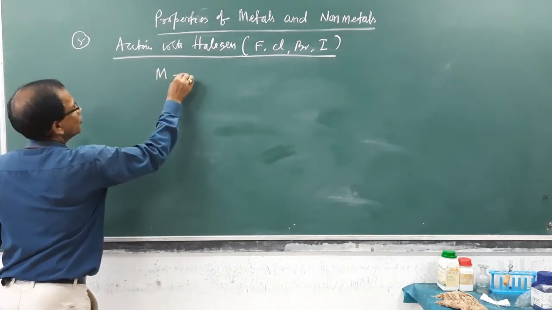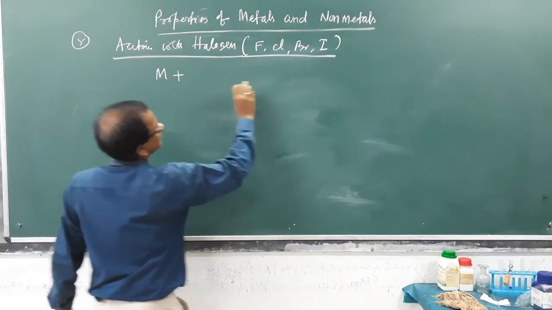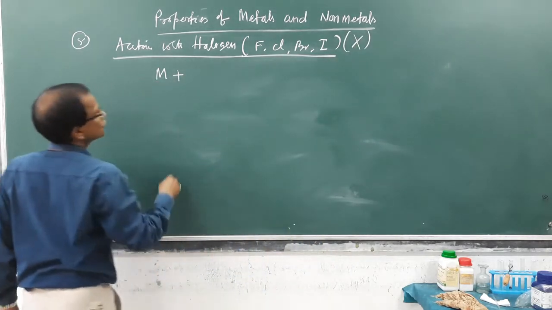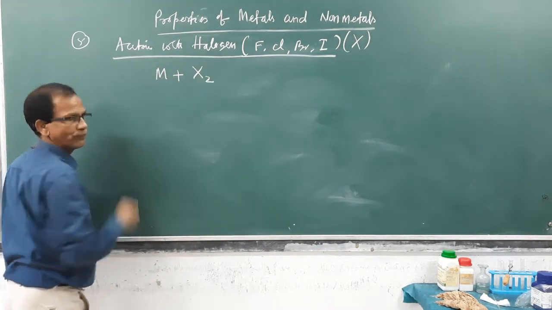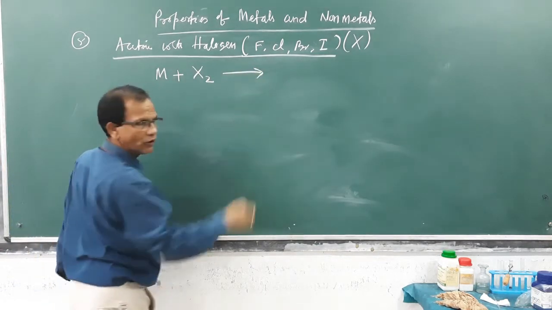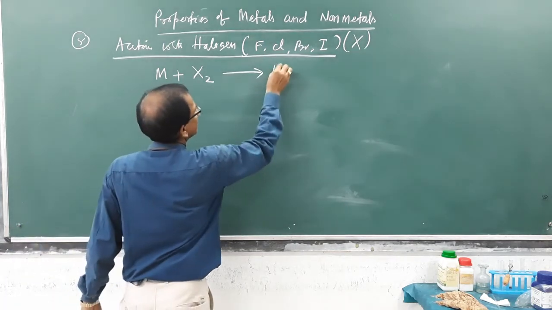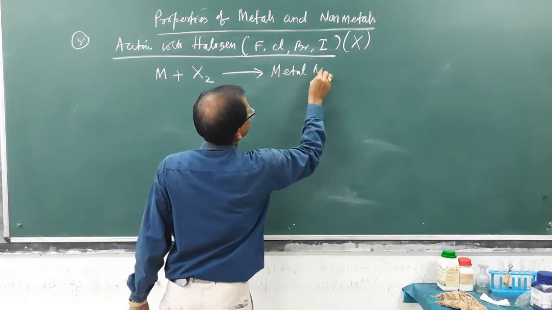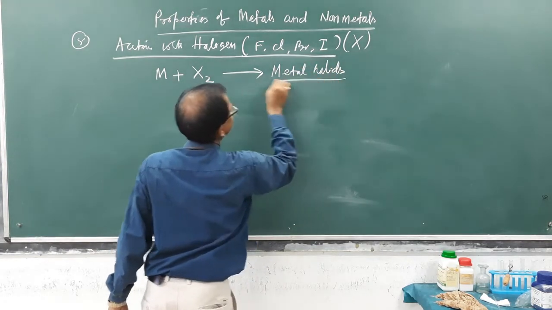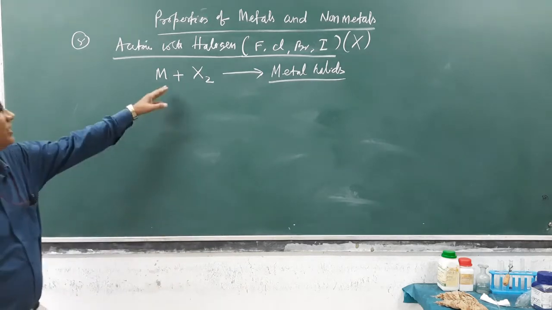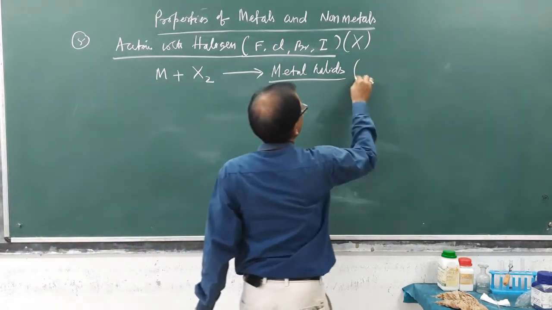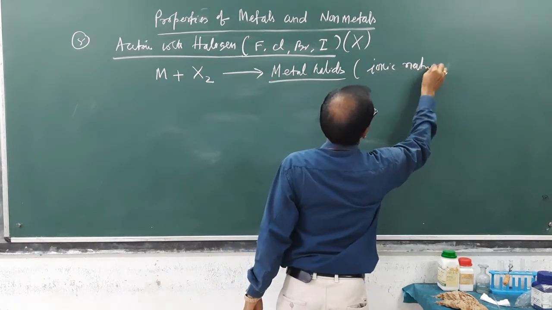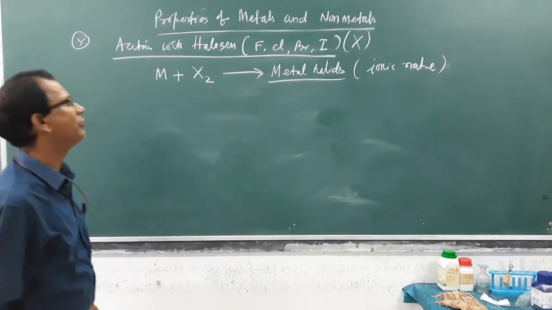Metal with halogen, halogen generally written as X, so metal with halogen X2, diatomic form, produces metal halides. Metal with halogen produces metal halides, which are ionic in nature. Generally, metal halides are ionic in character.